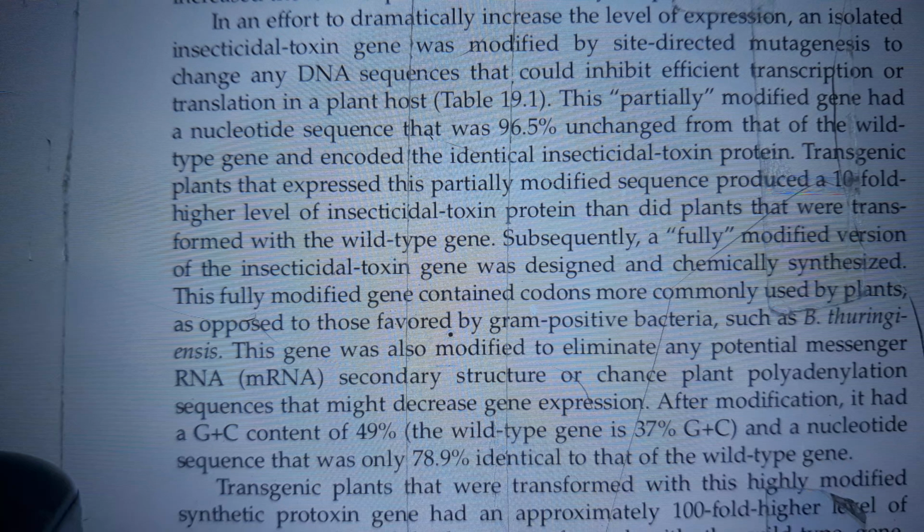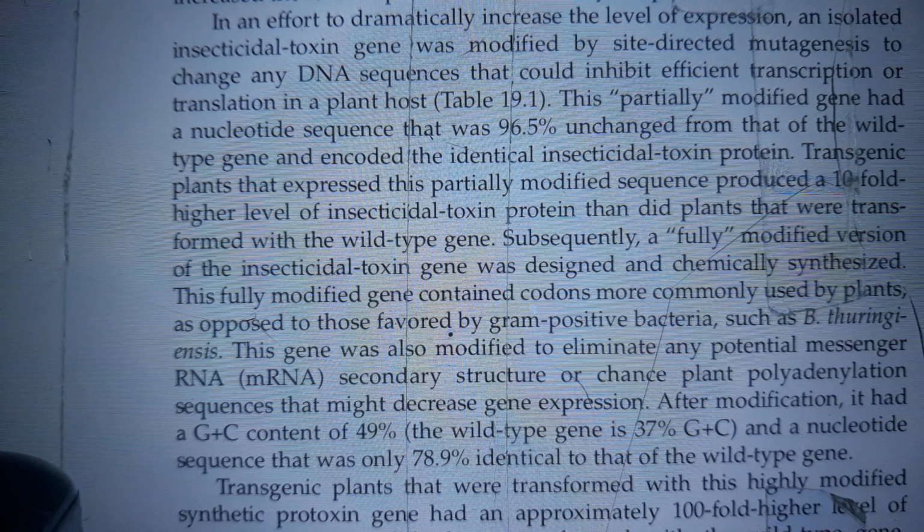In an effort to dramatically increase the level of expression, an isolated insecticidal toxin gene was modified by site-directed mutagenesis to change any DNA sequences that could inhibit efficient transcription or translation in a plant host.